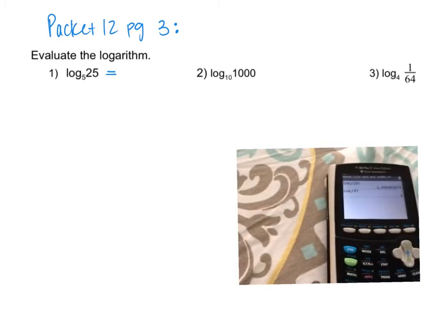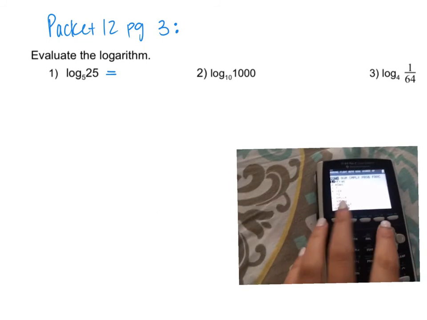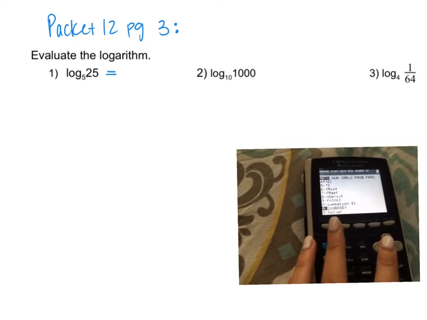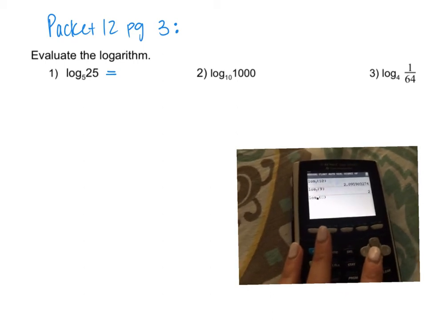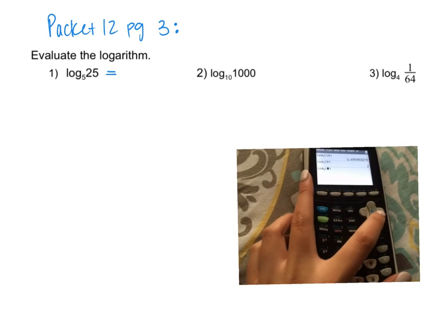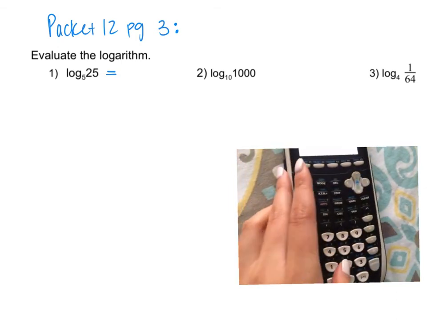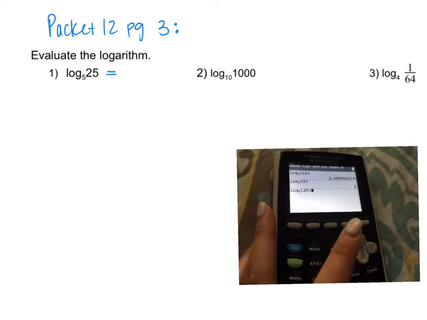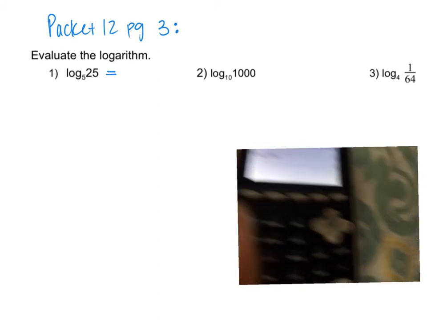All right, so in my calculator, I'm going to do math again and scroll down to log base and hit enter. Then I'm going to plug in 5, and then plug in 25. I'm going to hit enter and I get a 2.